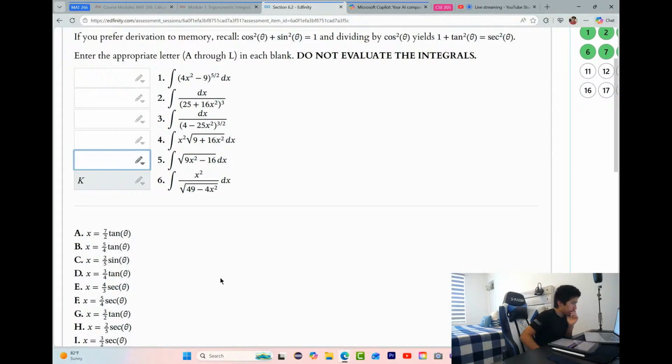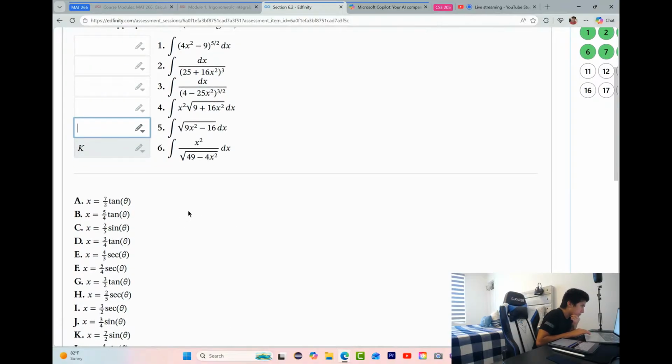How about for this one? We have x squared minus a squared. So we need a secant of theta. So I think we need 3 secant of theta. Or do we need 1/3 secant of theta? Hold on. What is a? A is 4.